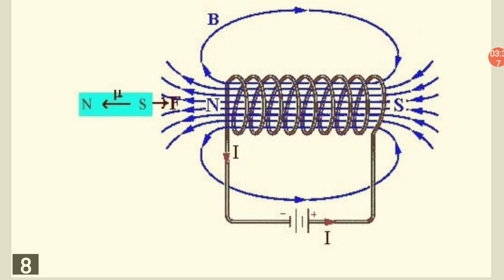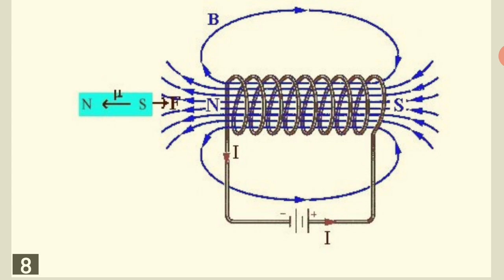as you can see, the two wounds, that is towards us and behind the insulated material, the direction of current is in opposite direction, so the field lines will also be in opposite direction. So we can see that north pole is formed on one side, and on the other side the south pole of the magnetic field is formed.